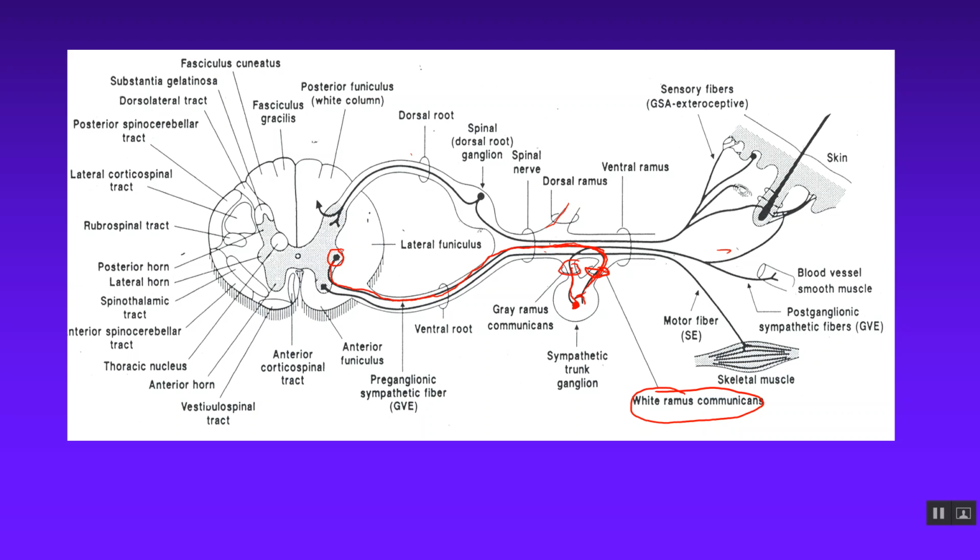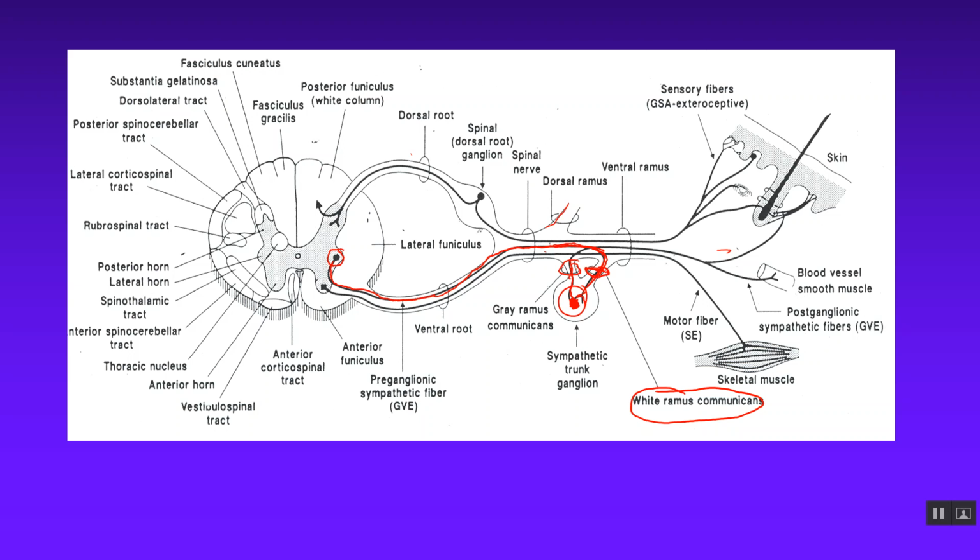I should have remembered this: the gray ramus is closer to that cell body. Cell bodies are gray matter, so that's why the white ramus that it goes in first, farther away, is the white matter axon going in. Even though it's an axon coming out, it's closer to the gray matter here in this sympathetic trunk ganglion. That's the sympathetic ganglion connected by a trunk.